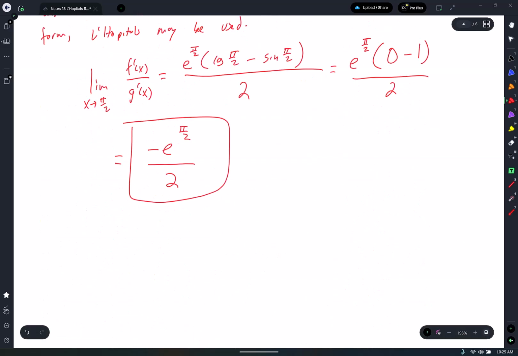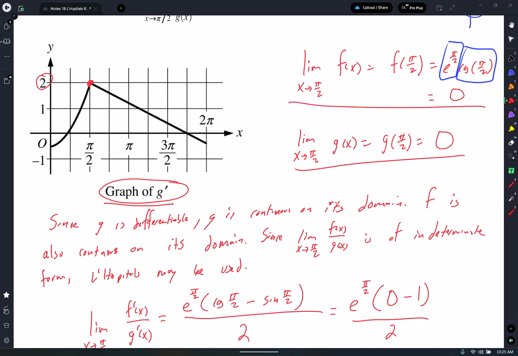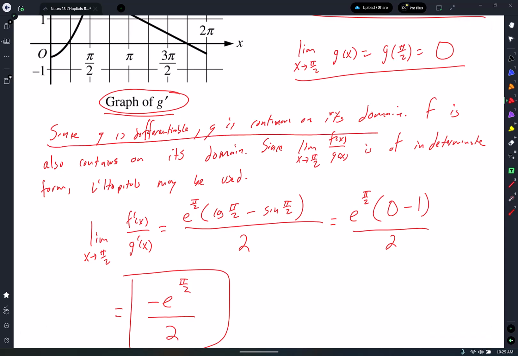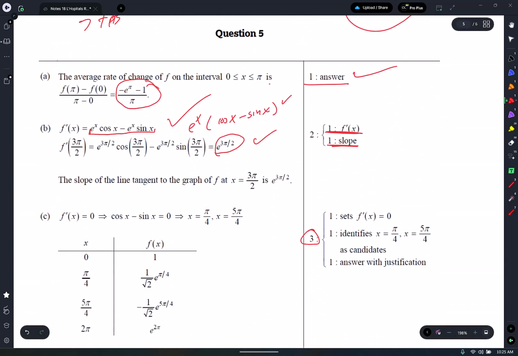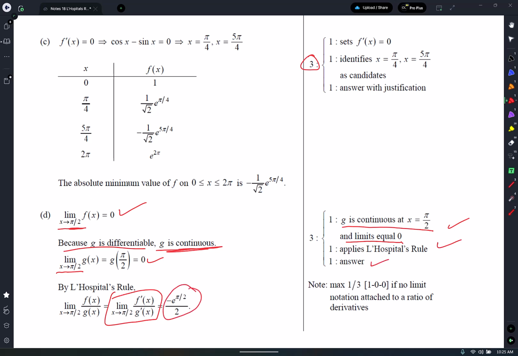We stated that right here. See, right there. Then we applied L'Hopital's rule right there. So we got that point. And did we get this answer? We got it. We got 3.